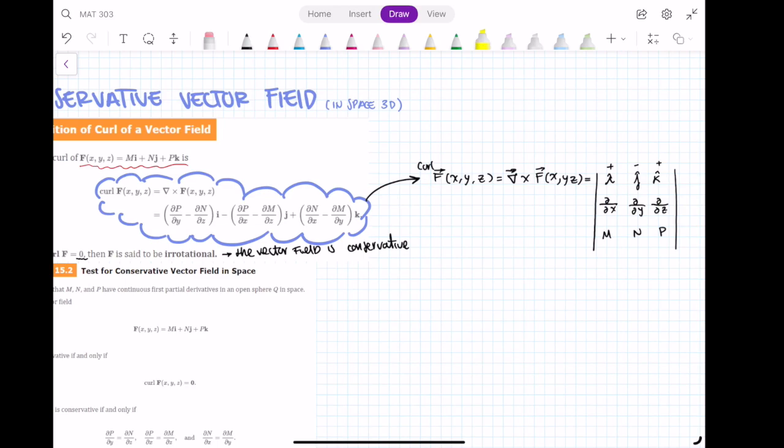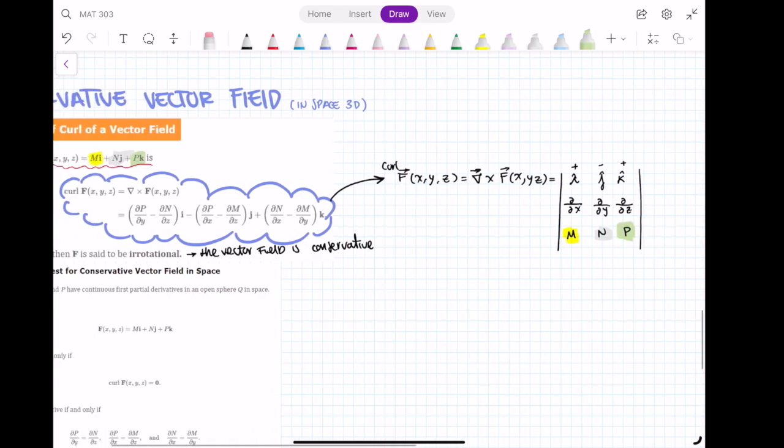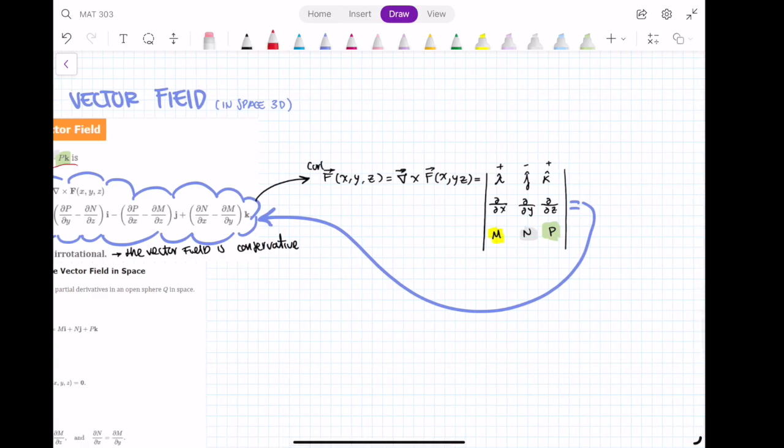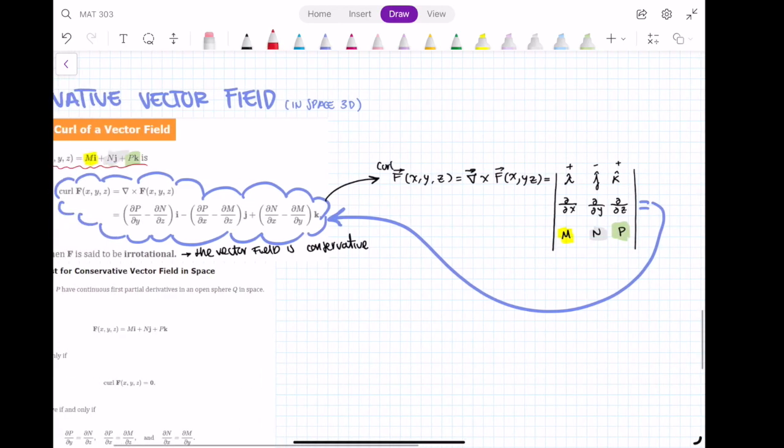So we have M here, we have N here, and we have P here, right? And now if we solve this, it's going to be equal to this whole thing, right? It's to show you another way to express this whole equation.